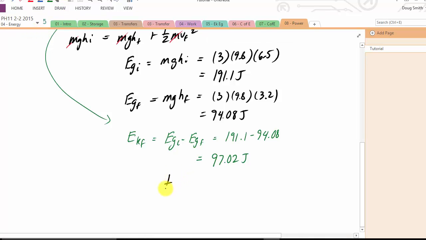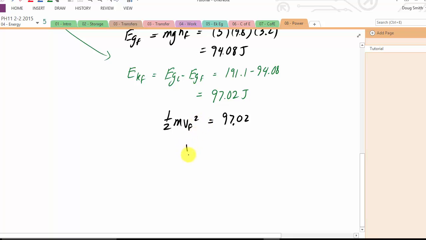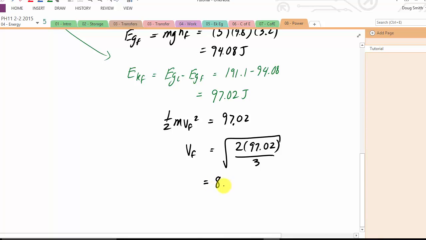So 1/2 mv_f squared equals 97.02. That's 2 times 97.02 divided by 3, which is its mass, square root. And I get 8.04 meters per second. Okay, so that's the first question.